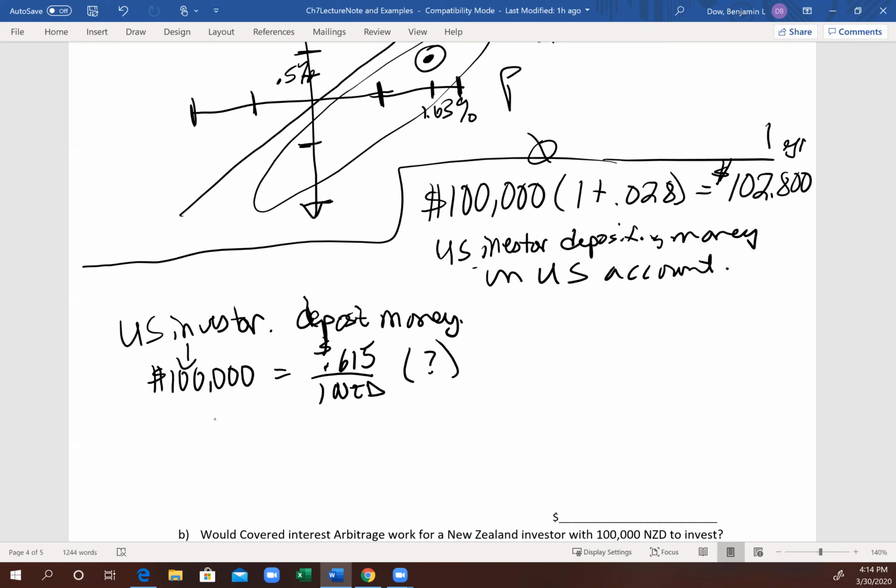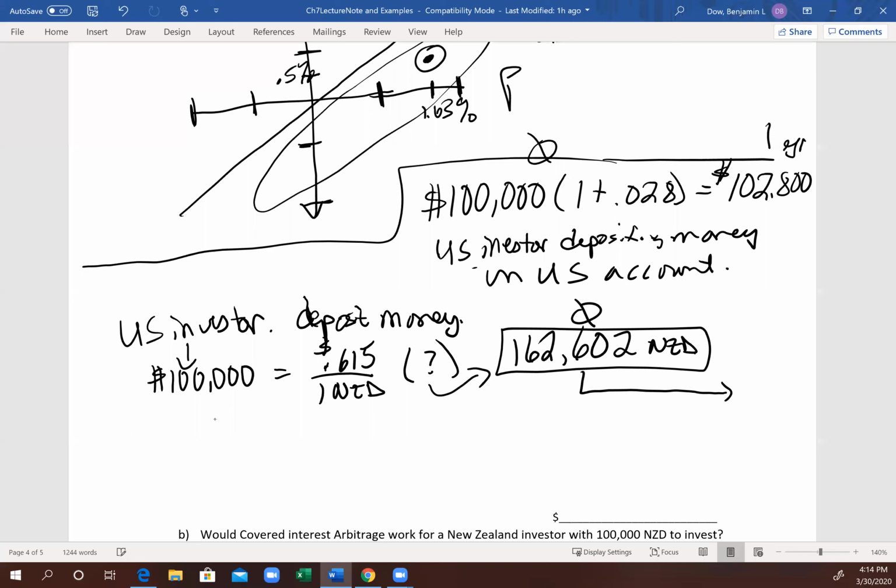Since each New Zealand dollar is only worth 61 cents, if you take 100,000 US dollars divided by 0.615, you're going to end up with 162,602 New Zealand dollars. So that's what you end up with today.